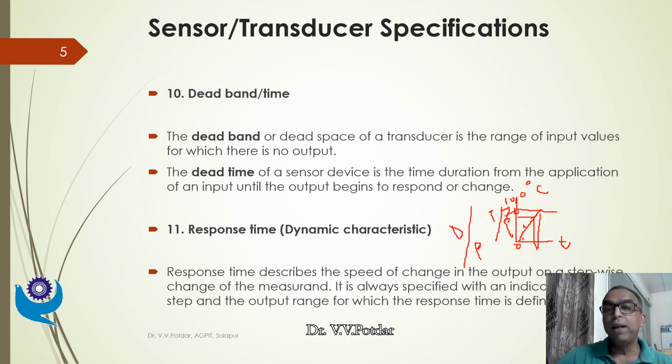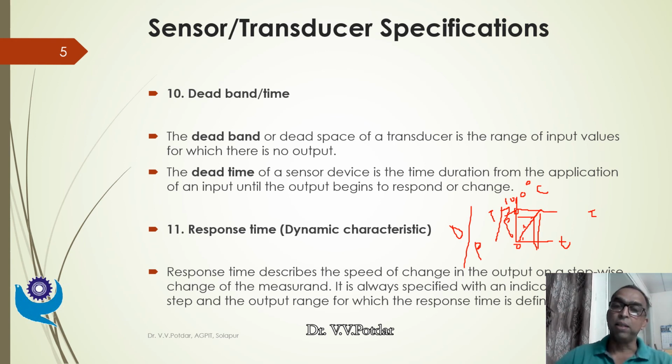The time required, I repeat, is the time required for this thermometer element, let us say, to show 67.32% of the final value. Maybe the time required to show 67.32 degrees Celsius will be the time constant tau of that thermometer. So that is also one dynamic performance characteristic related to a transducer.